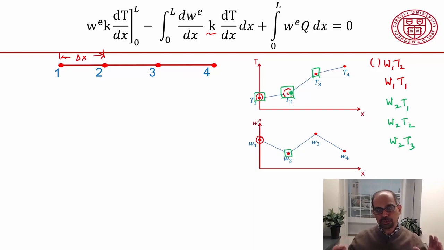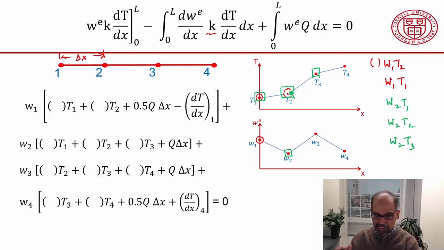You get all these terms, you put them all together and organize them in a particular way, and I've done that here. I'll unpack this, since this is a lot of terms. Let's look at the first row. What I've shown is that if you take all the terms that are multiplying W1 and organize them like this, this is what you'll get.